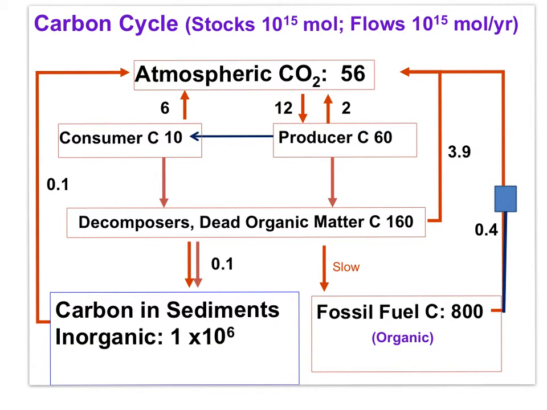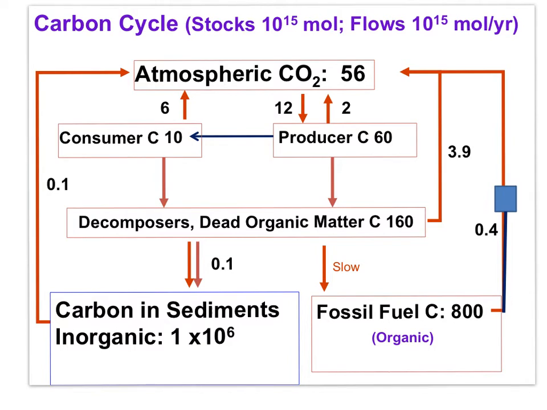Let's clarify the processes that would be identified by each arrow. Photosynthesis is here, the uptake of carbon dioxide from the atmosphere by autotrophs. Autotrophs respire. Consumers feed on autotrophs. This is a transfer of carbon. Consumers respire. Autotrophs and consumers die and decompose.